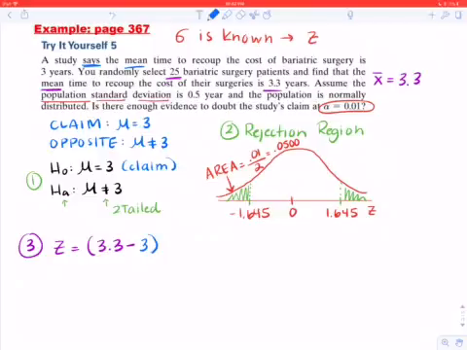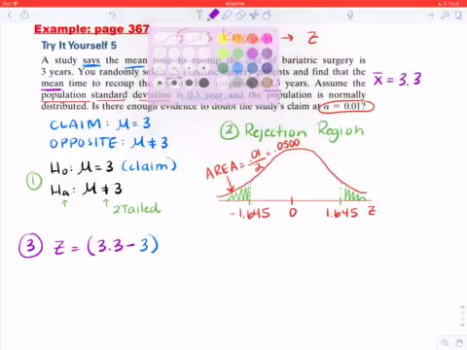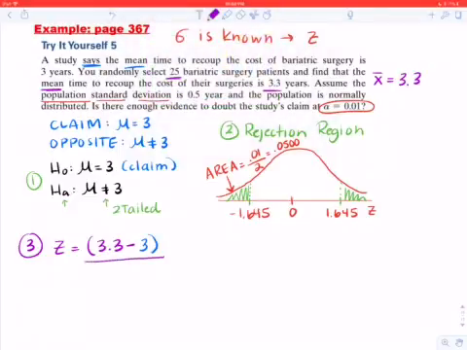We were looking at mu is equal to 3, so we're going to subtract 3 so that we can compare. And then we're going to divide that by sigma, that population standard deviation, which is 0.5, divided by the square root of n, and n is our sample size. So we noted right up here that the sample size was 25.